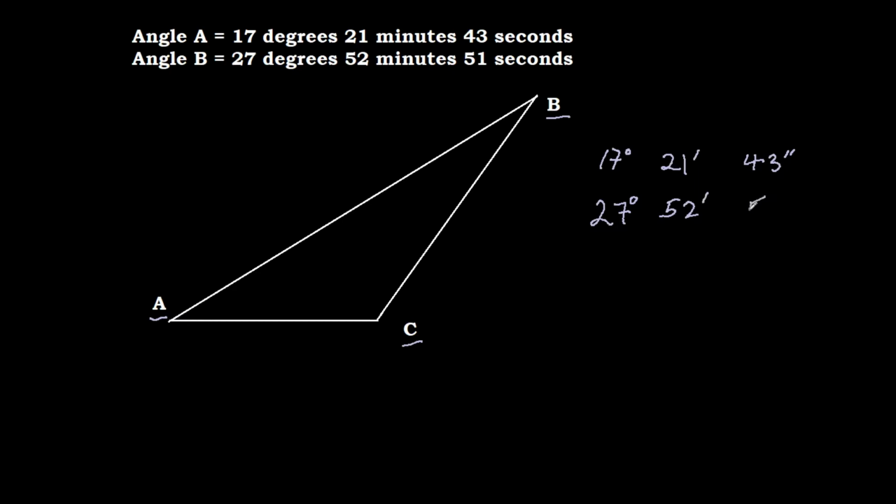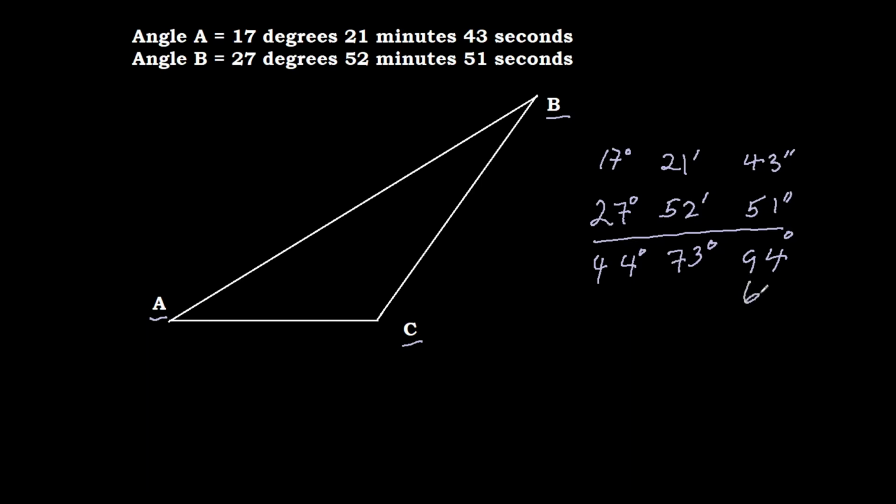and 51 seconds. If we add these two together, simple addition: 4, 9, 3, 7, 14, 40. Now we have to shift some things over because we know there are only 60 seconds in a minute.